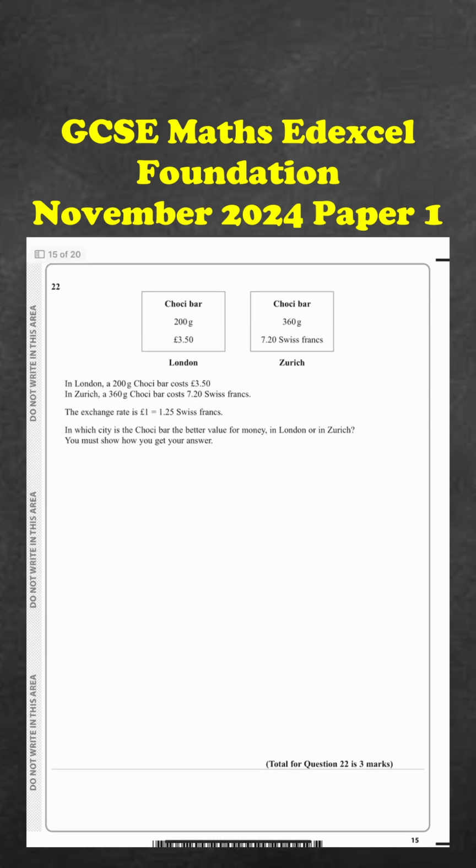So in London, we know 200 grams is £3.50. Therefore, 100 grams is going to be £1.75. In Zurich, we know 360 grams is 7.2 Swiss francs.